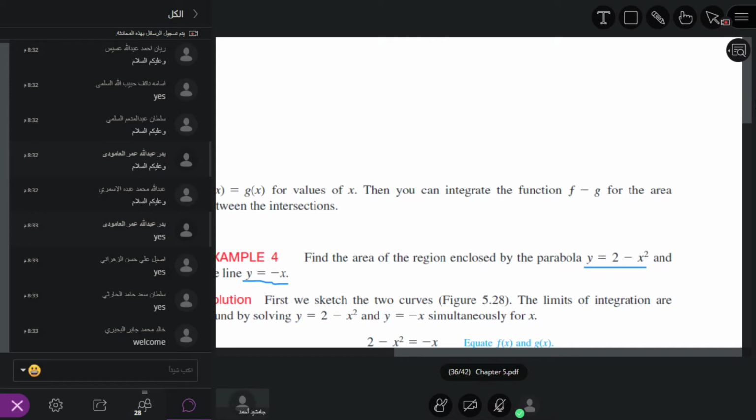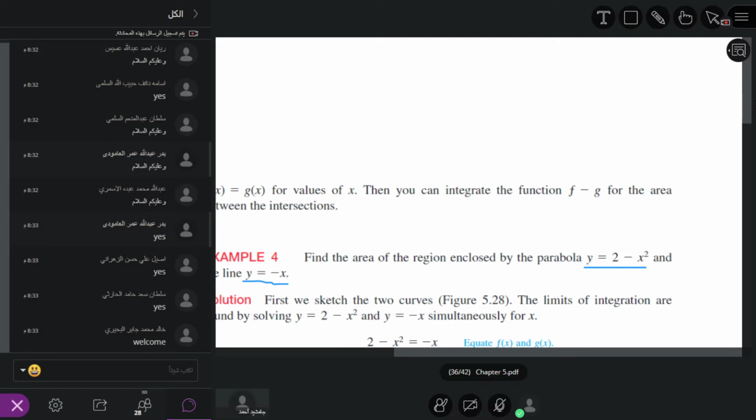But if we have y is equal to 2 minus x square, then we move 2 points up on the y axis. So you can see here its turning point is this point. One of the functions is this parabola, and the second function is a line, y is equal to minus x.